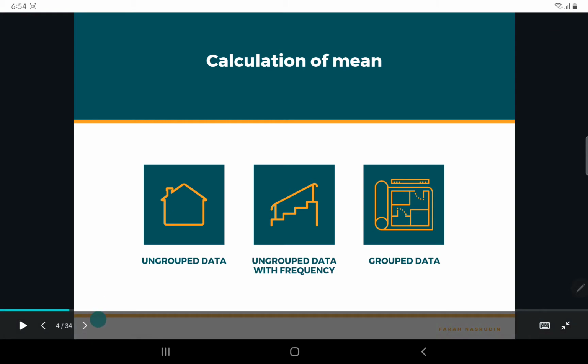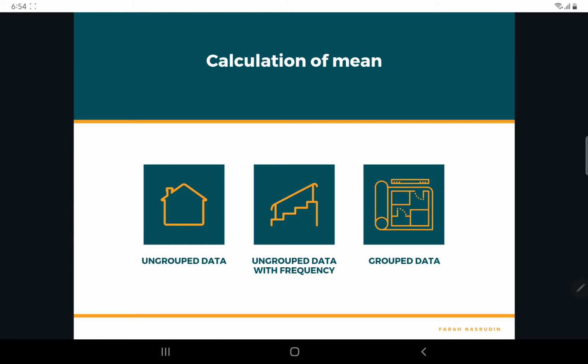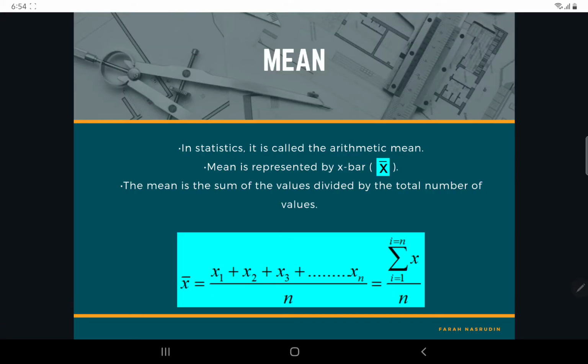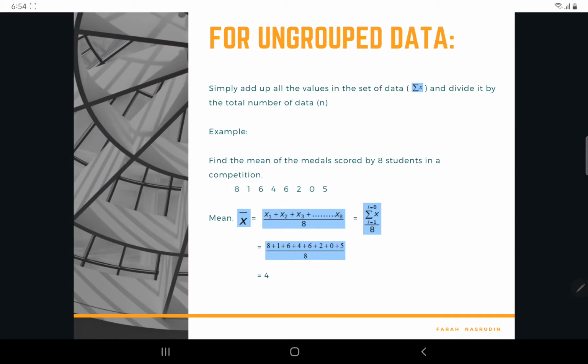So we will use different formulas for all of these 3 types of data. So how about finding mean for ungrouped data? You just simply add up all the values in the data set and divide it by the total number of the data.